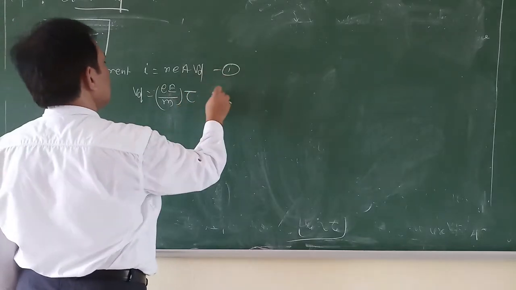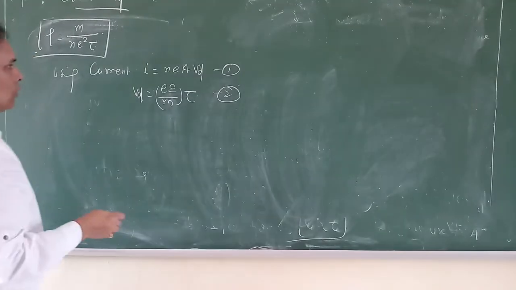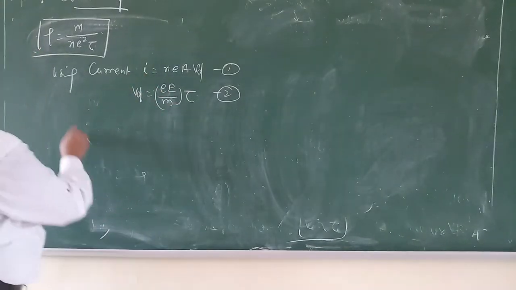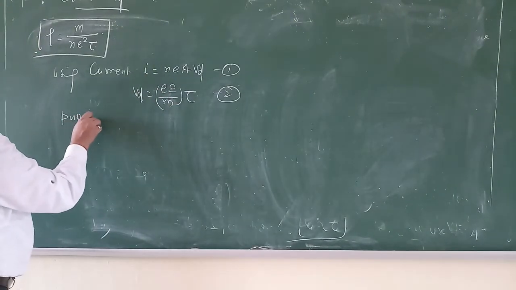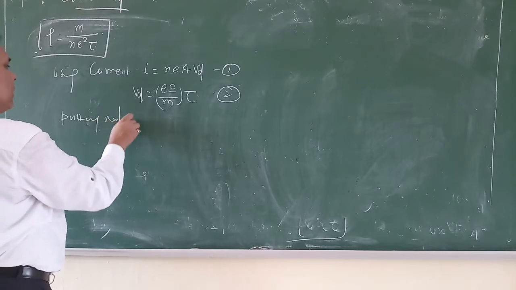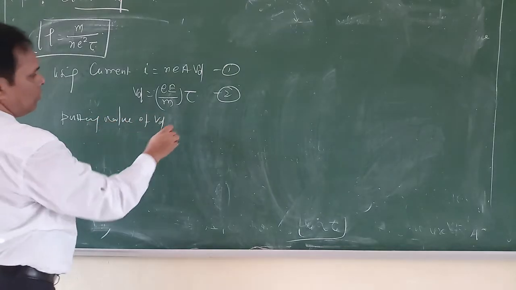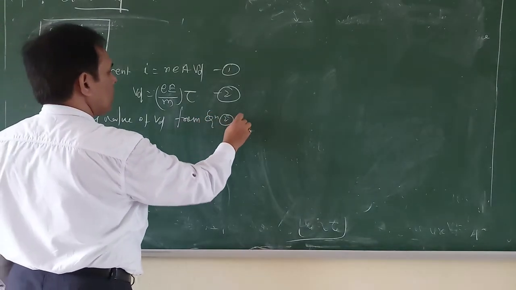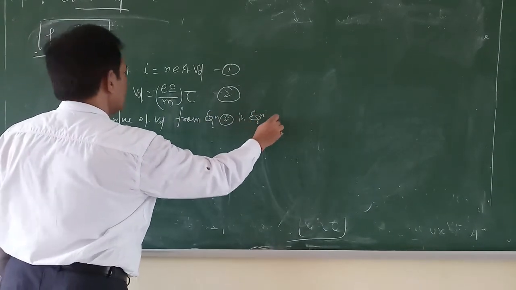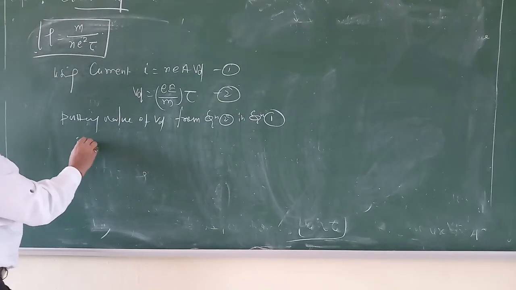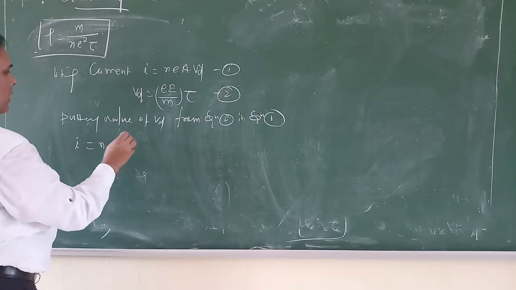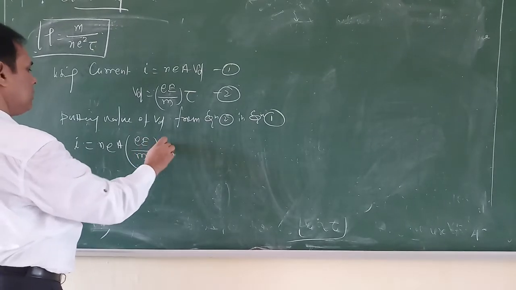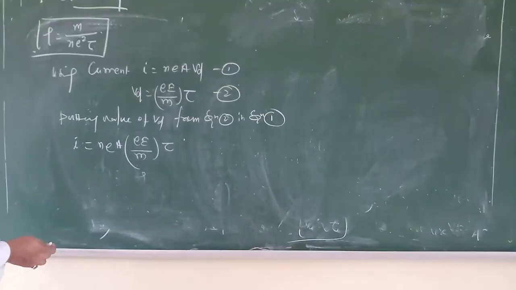This is equation 1, this is equation 2. Putting the value of Vd from equation 2 in equation 1, so I equal to nAe into eE by m into tau.